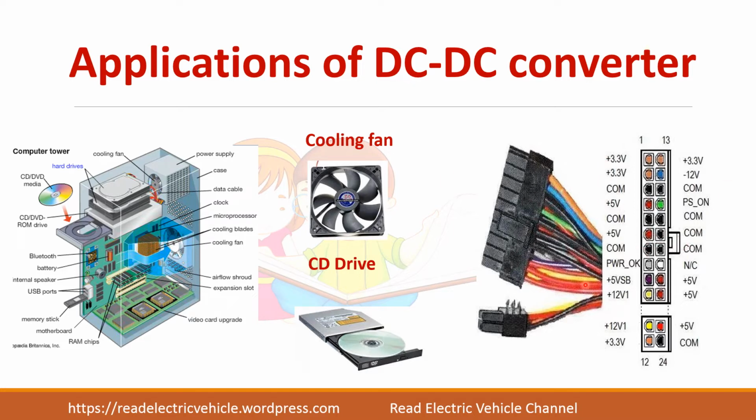You might have seen these type of connectors in most of the electronic components. 3.3 volt, 5 volt, 12 volt, 15 volt, because each IC or each equipment may require different voltage levels. So this DC-DC converter can be used to achieve the different voltage levels.